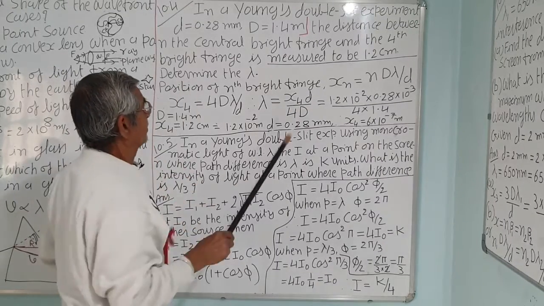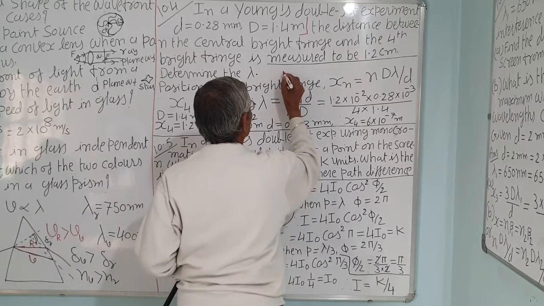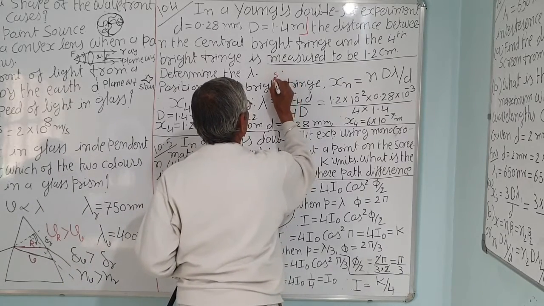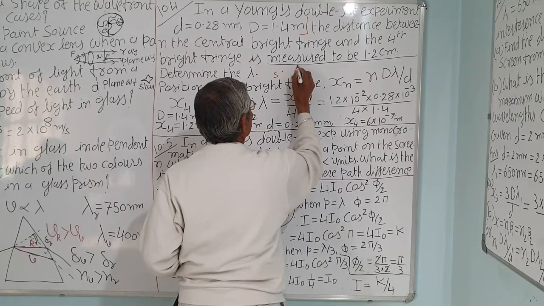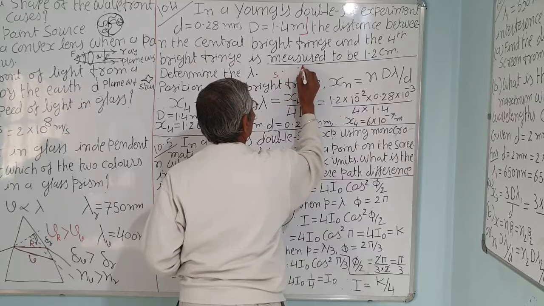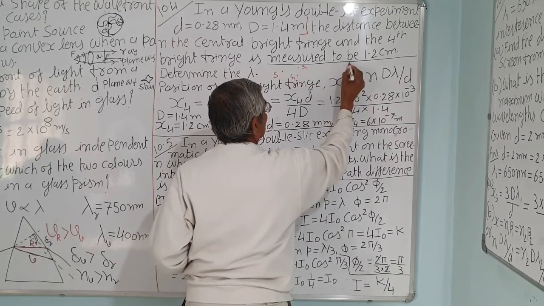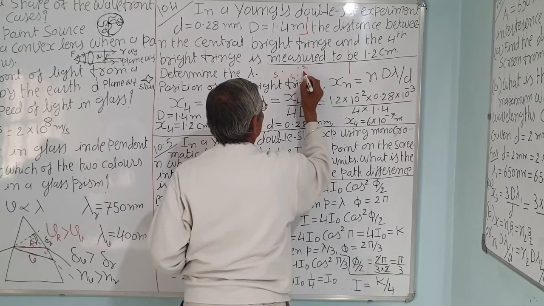Correct? Suppose this is the source S. These are two slits, S1 and S2. The distance of the screen is here. Correct?